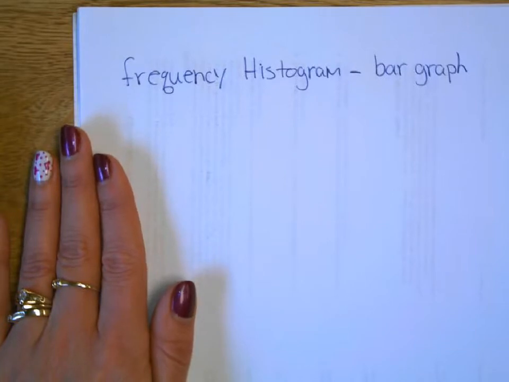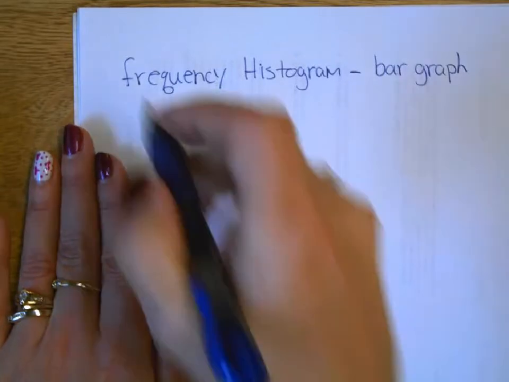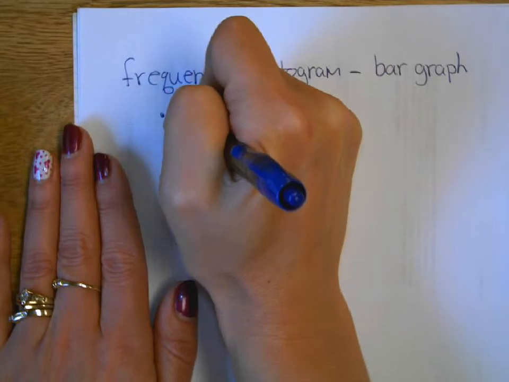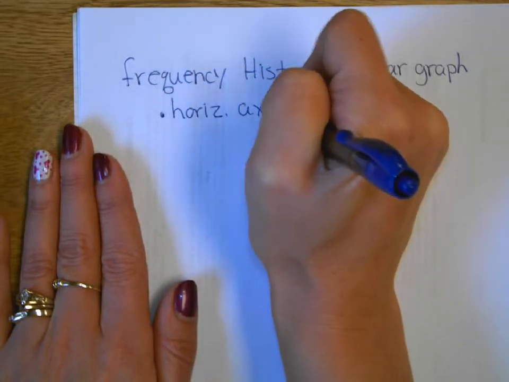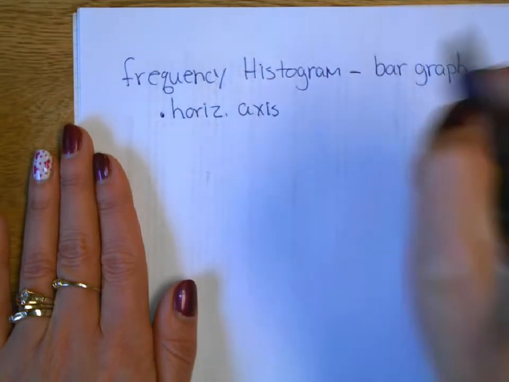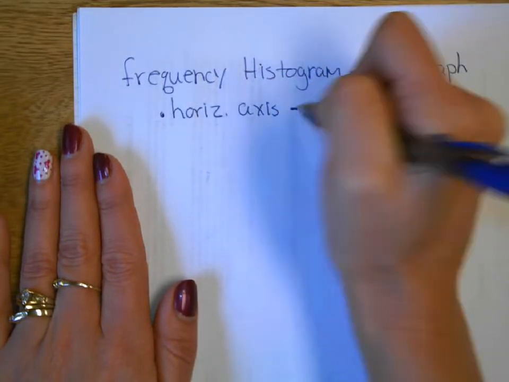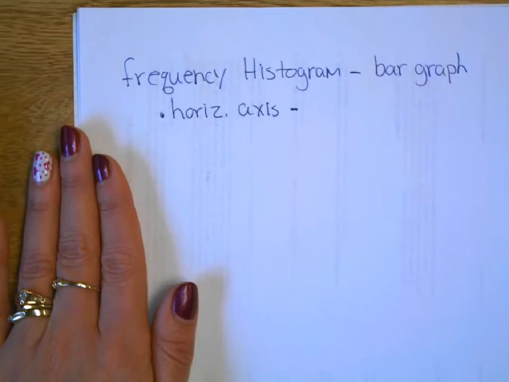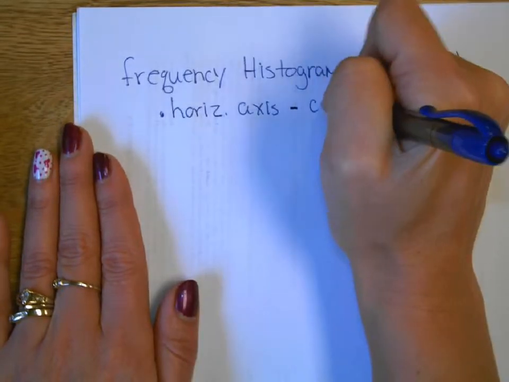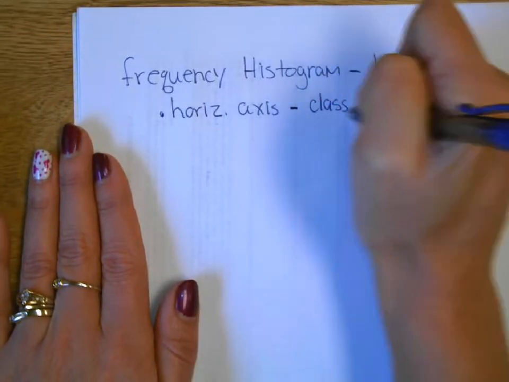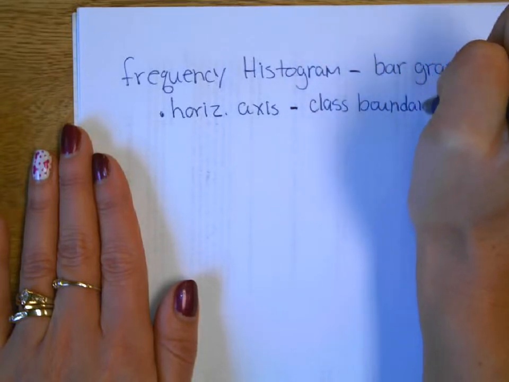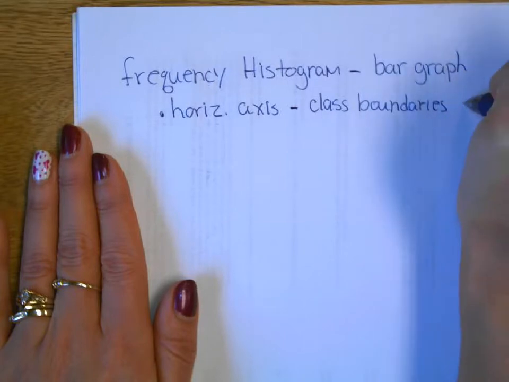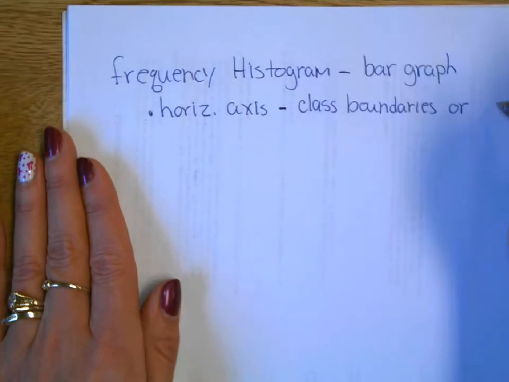Frequency histogram, just a fancy word for, do you know what a histogram looks like? What shape it has? It's a bar graph. I know you've seen bar graphs before. And with these, it matters what's on the axes. Your horizontal axis can be one of 2 things. You can use those class boundaries, or you could mark midpoints.